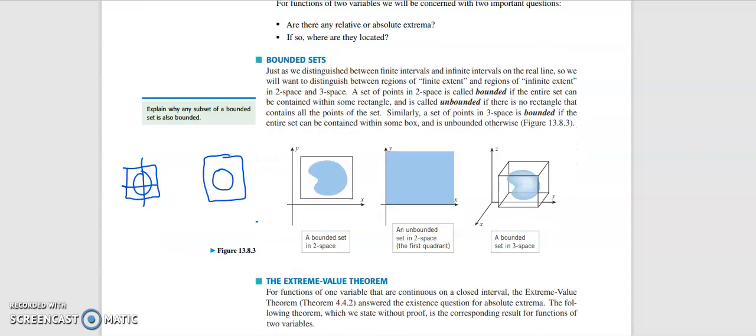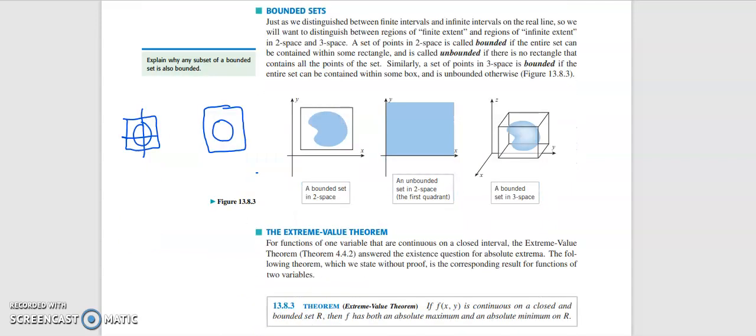In the same way, if you have a continuous function in a closed and bounded region, then for functions of two variables, if f of xy is continuous on a closed and bounded set R, then f is said to have an absolute maximum and absolute minimum.